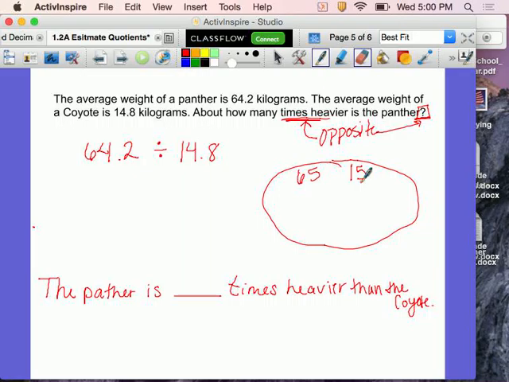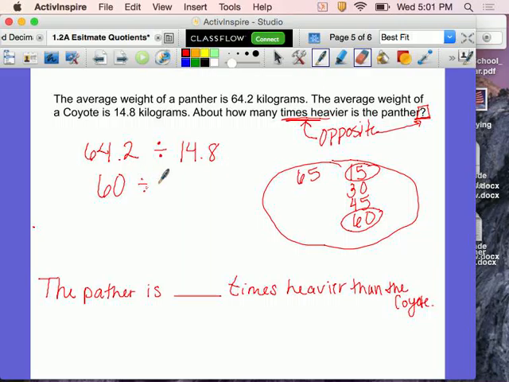Okay, so maybe I'll just think about my 15s. 15 plus 15 is 30, so 30 is a multiple of 15, and then 45, and then 60. I'm close, so that's pretty close. 64.2 is close to 64 2/10. And remember, we're using compatible numbers, not rounding rules. So I'm going to go ahead and choose 60 and 15 for my numbers.